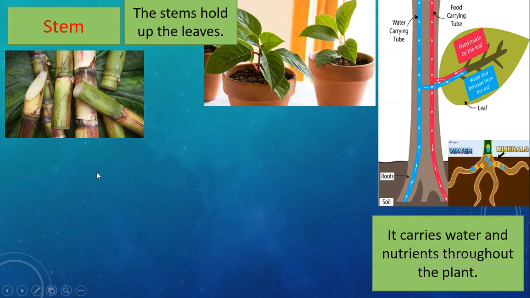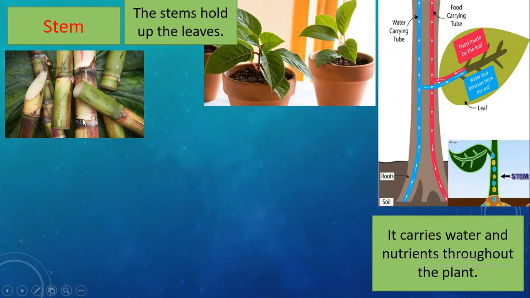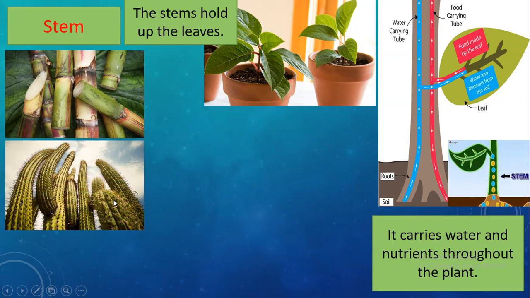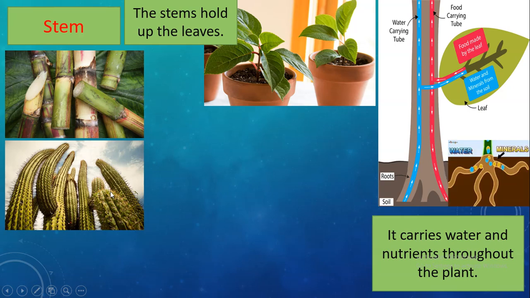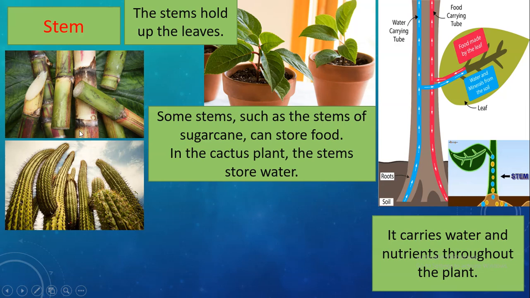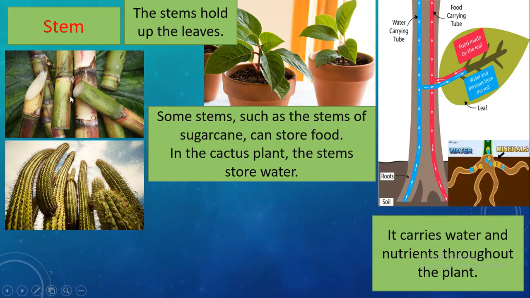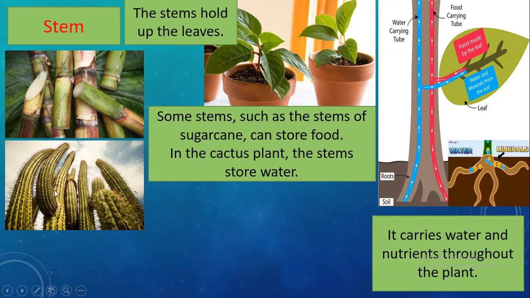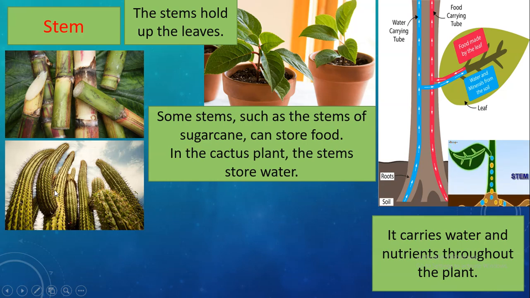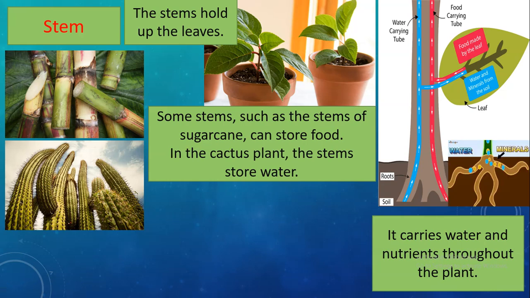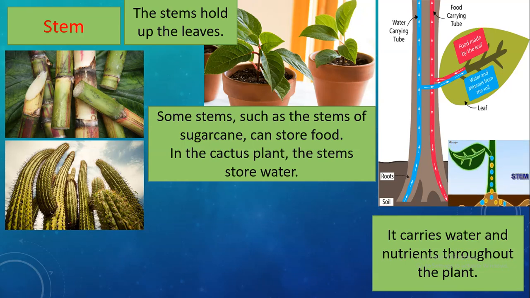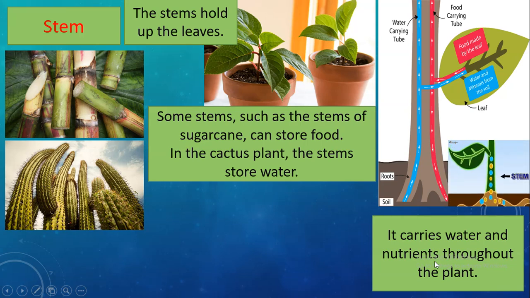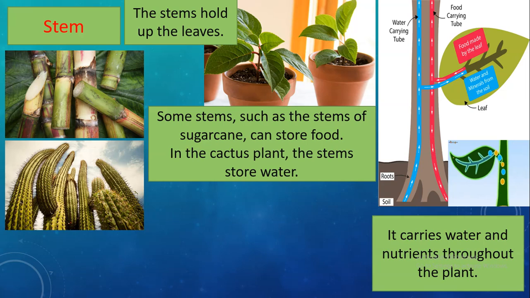Look at this picture. These are sugar canes. And these are cactus. Now, some stems, such as sugar cane, can store food. In the cactus plant, the stems store water. So, two functions for the stem: hold up the leaves and carry water and nutrients throughout the plant.